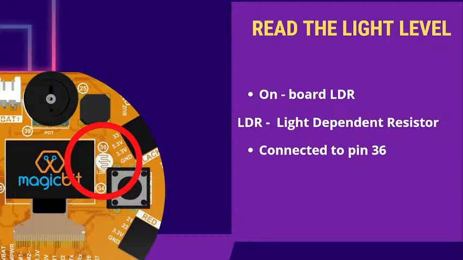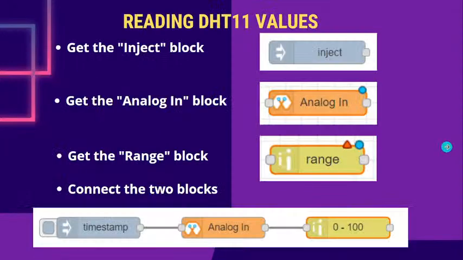If you can see here, I have marked it with this red color circle. This is the LDR, and near there you can see 36. That means this LDR is connected to pin number 36 in the Magicbit. So let's do the programming within the Magic Blocks platform to measure the light level through this LDR.